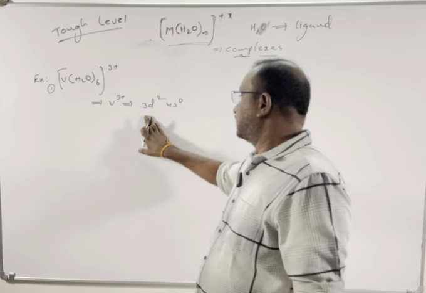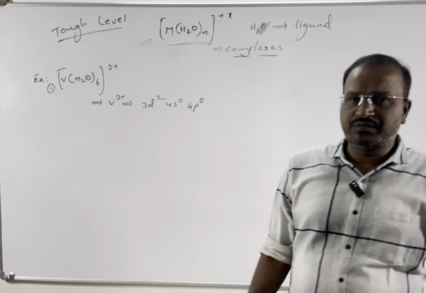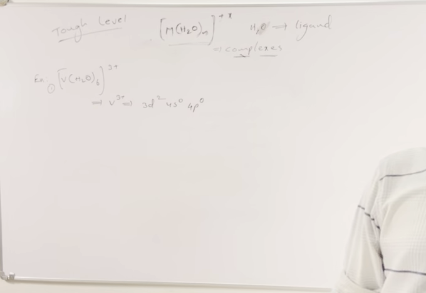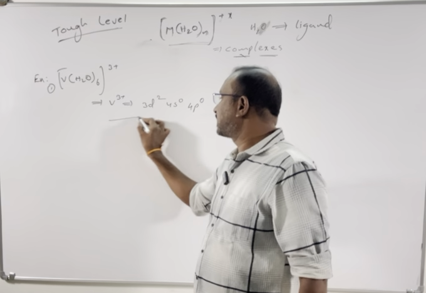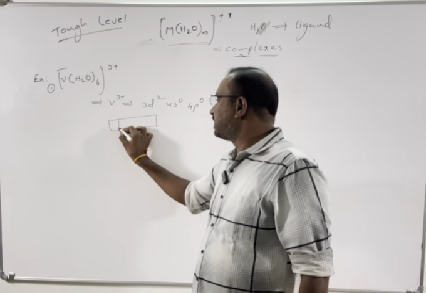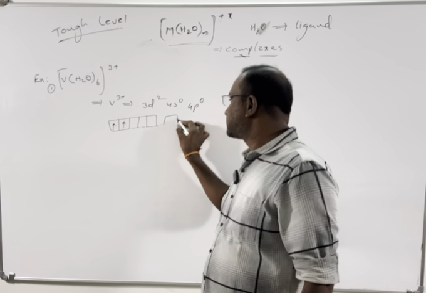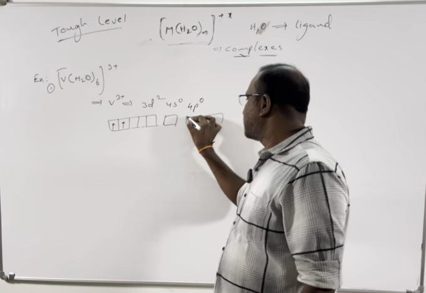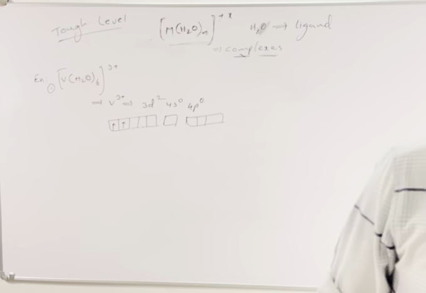Let me take 4p also, because we require the 4p orbital. If you see the configuration, the d orbital has only 2 unpaired electrons, the s orbital is empty, and the p orbital is also empty. This is the configuration for V3+.